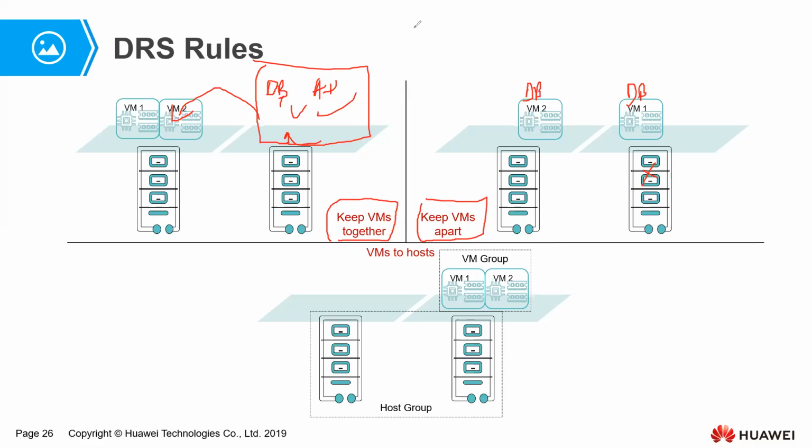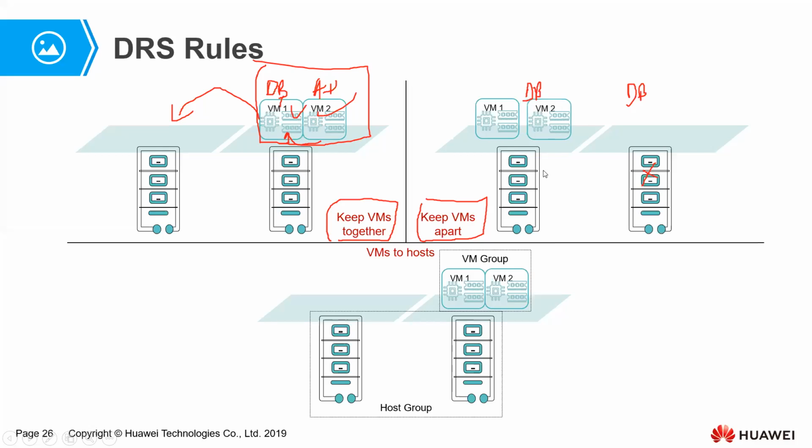So when you configure that rule, and whenever they migrate, if this guy migrates, we are still illustrating this, this guy will also come and follow him. So in this animation, if this guy migrates to our host A, because we configured this distributed resource scheduling rule that these guys must keep apart, this virtual machine 2 will definitely migrate and run away to another host.